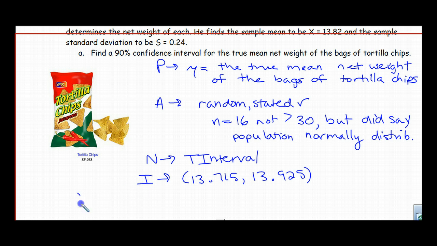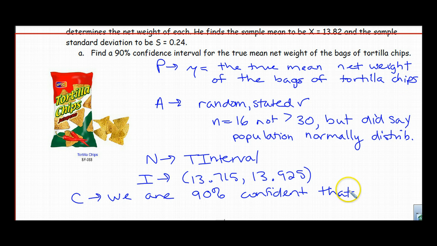Let's write our conclusion. We are 90% confident that, and if you've noticed, we're just rewriting what I had up here in my parameter part.